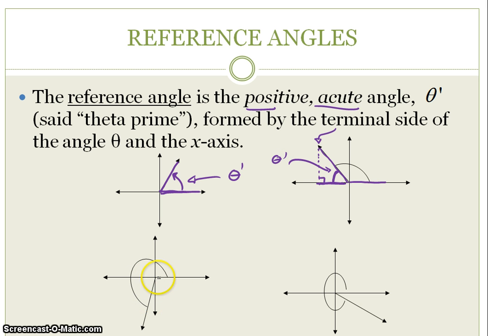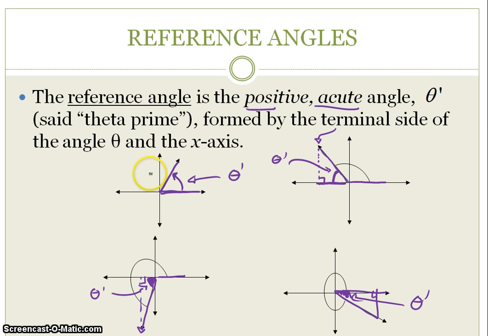For an angle that is over in the third quadrant that has its terminal side there, if we draw a perpendicular to the x-axis, then we'll be looking at this angle here, and that is going to be the reference angle for any angle in quadrant 3. And if you have an angle whose terminal side is in quadrant 4, the reference angle would be the small one inside this triangle here in quadrant 4.